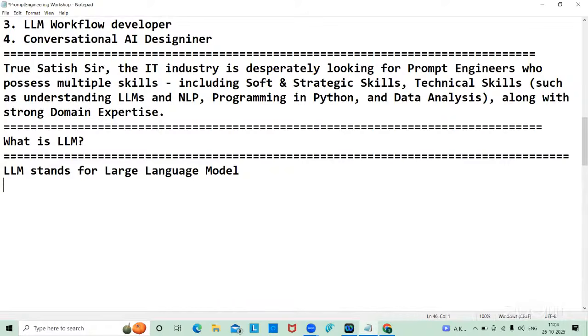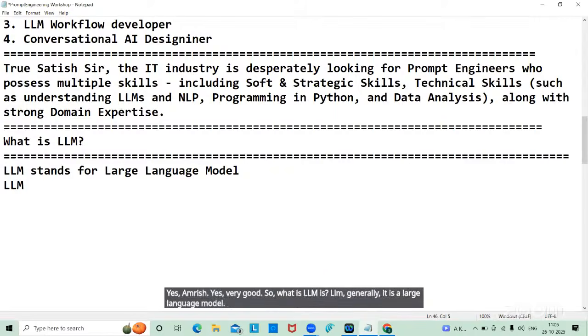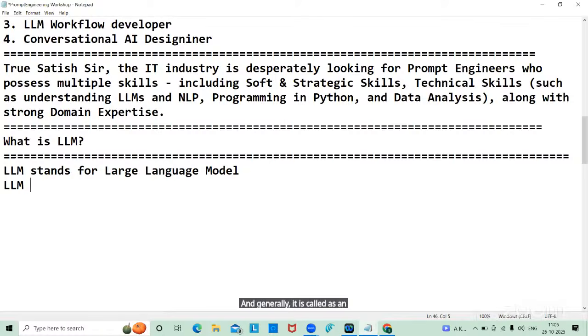LLM stands for large language model. Very good, Amresh. So what is LLM? Generally it is called an advanced type of artificial intelligence system.